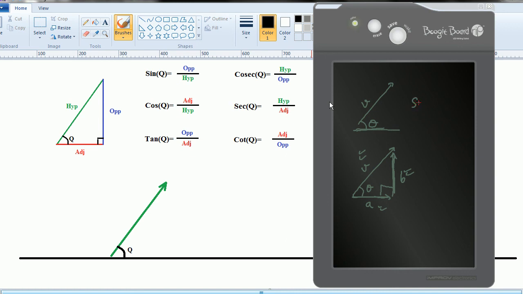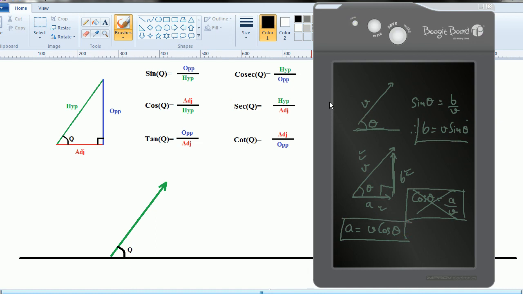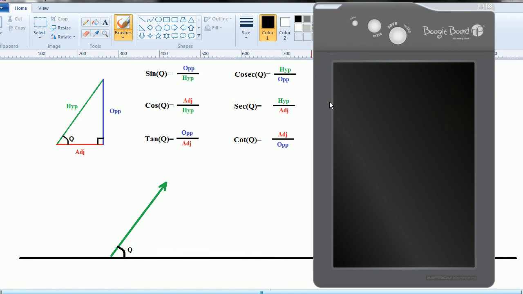So sine theta is opposite upon hypotenuse, which gives us B by V, and therefore B is equal to V sine theta. Similarly, cos theta is equal to A by V, and therefore A is equal to V cos theta. 2 simple, short and sweet, beautiful little equations that help us break our velocity into 2 smaller pieces.